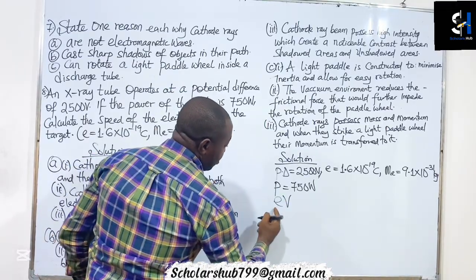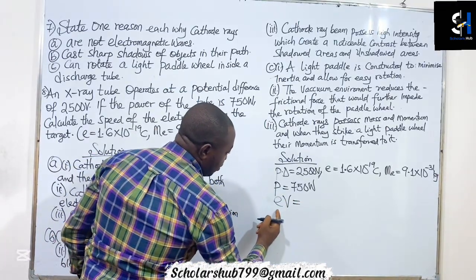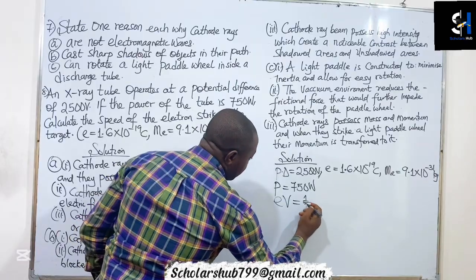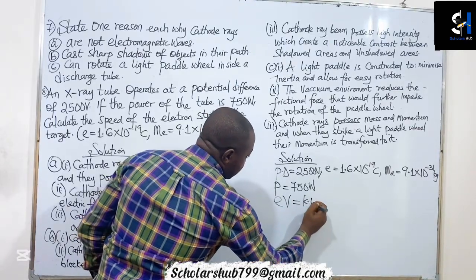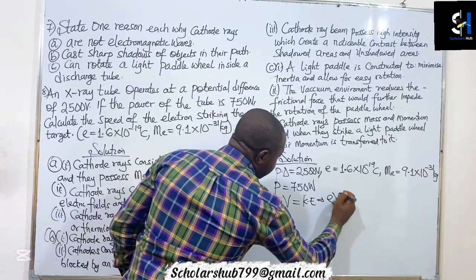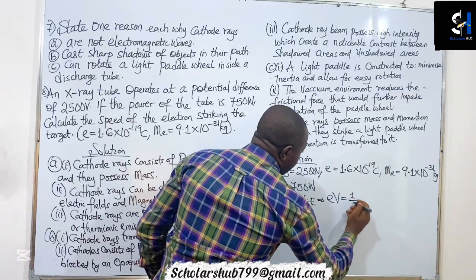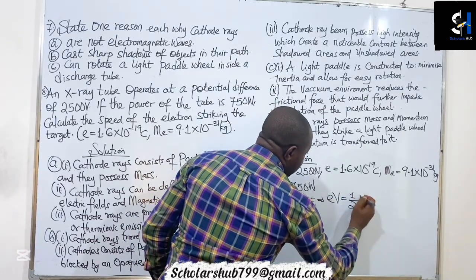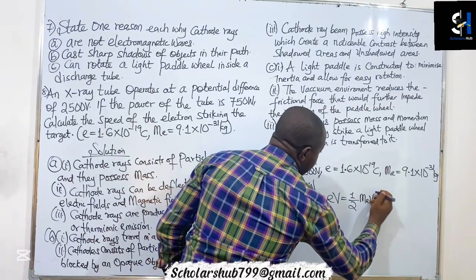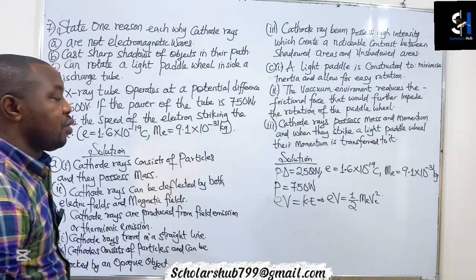So in this case, we have that eV equals KE, so eV will be equal to 1/2 m_e v_e squared.